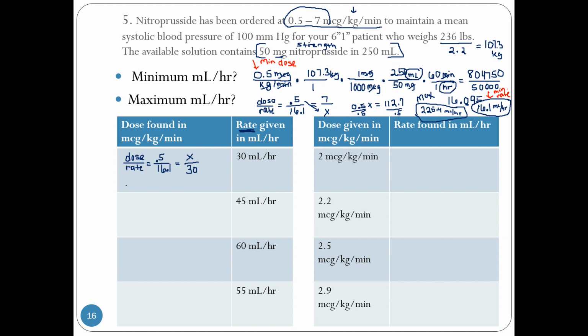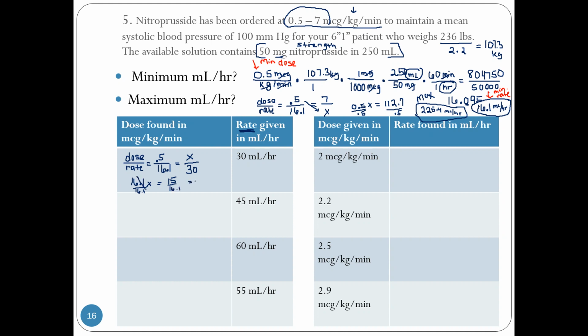I multiply diagonally and I get 16.1x. And I take 0.5 times 30, which gives me 15. And then I'll divide both sides by 16.1. And so my x, let me show my work, divide by 16.1.